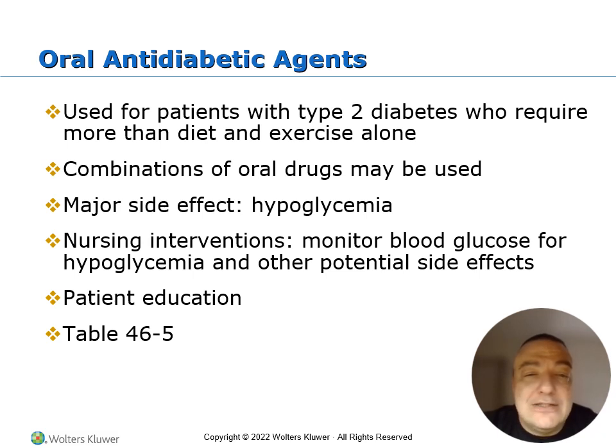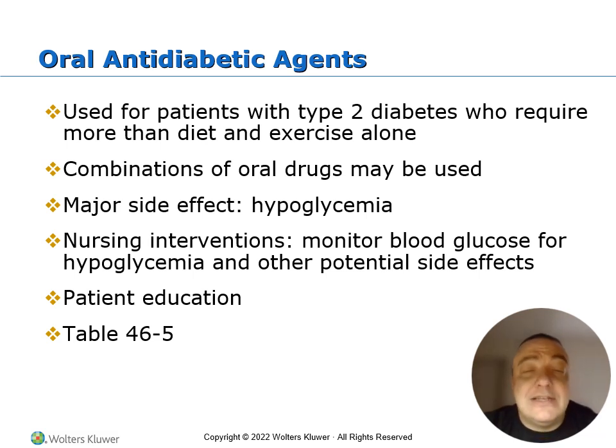Oral anti-diabetic agents, man, there are a ton of these, as you saw in my medicine slides earlier. And these are your type 2 diabetic medications. They can use a combination of these oral drugs to maintain it, but they have the possibility of going hypoglycemic.